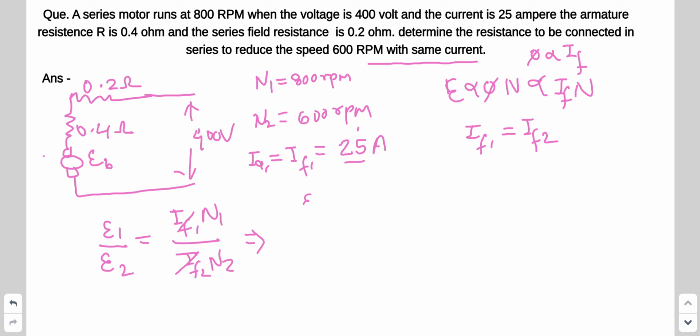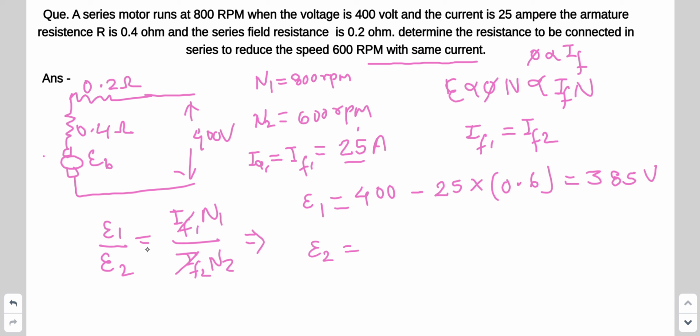So E1 we will find by applying the KVL rule. This will be 400 minus IR, where I is 25 ampere and R is 0.2 plus 0.4, that is 0.6. So E1 will be 385 volt. Now we can calculate E2.